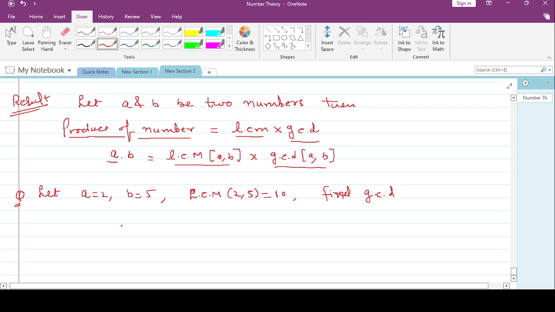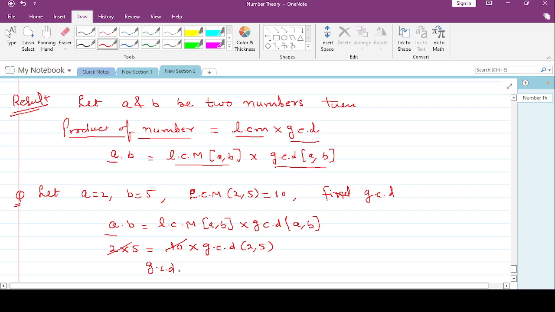So A into B is equal to LCM of A, B into GCD of A, B. So you see that A is 2 and B is 5, LCM here is 10, and the GCD is what we want to find, the GCD of 2 and 5. So 10 and 10 cancel. So what is the GCD of 2 and 5? It is 1.